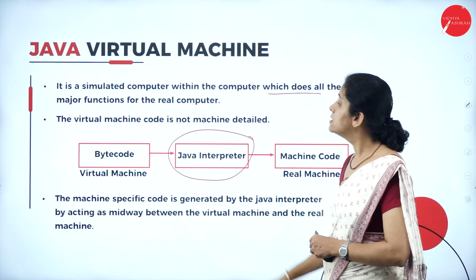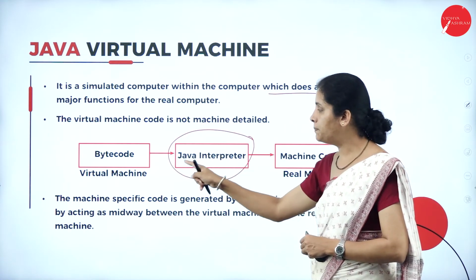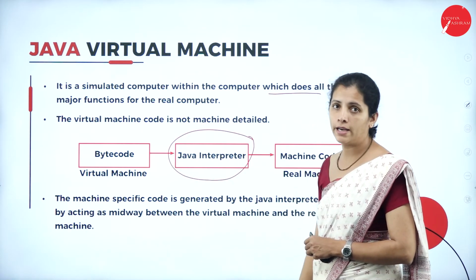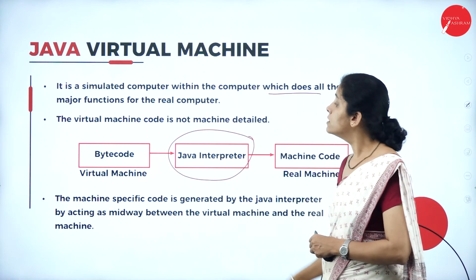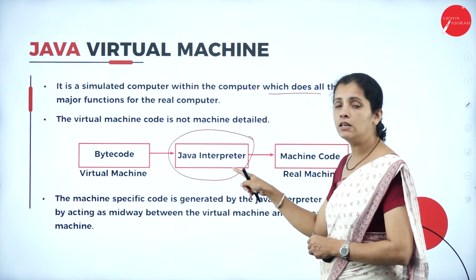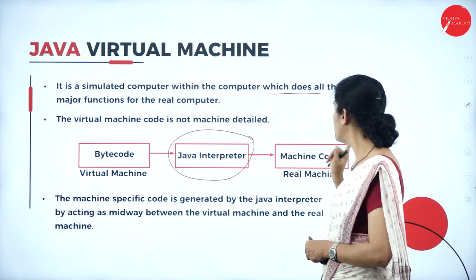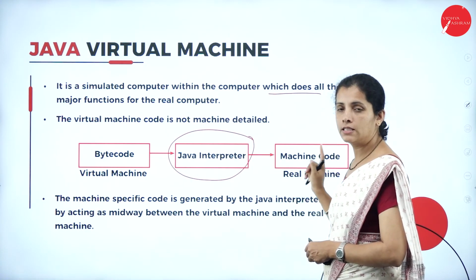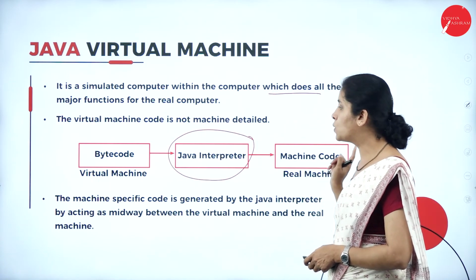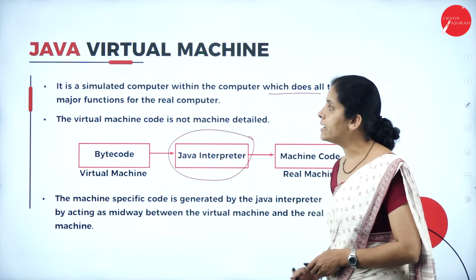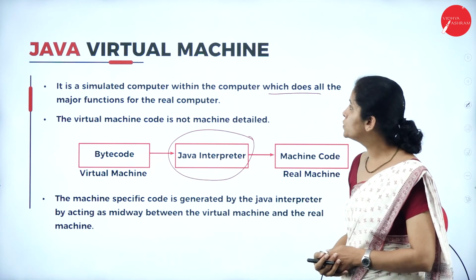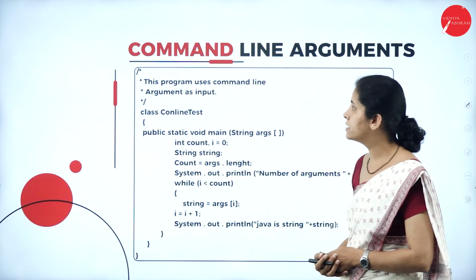The input to the interpreter is nothing but byte code. Now the job of the interpreter is to interpret the line and generate machine code, which is nothing but the object code. So this is the way the Java virtual machine is going to work.